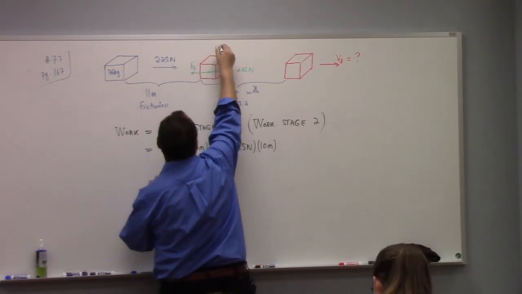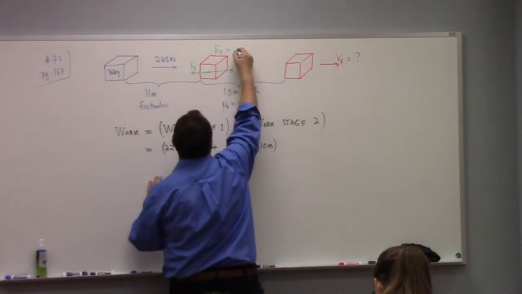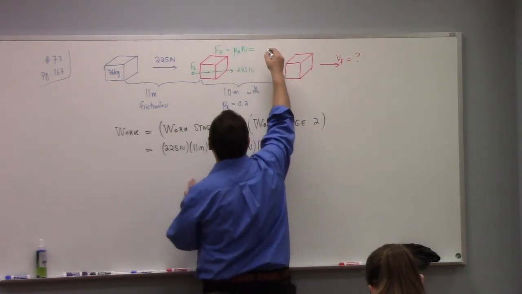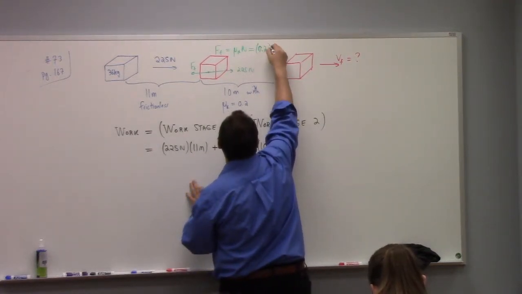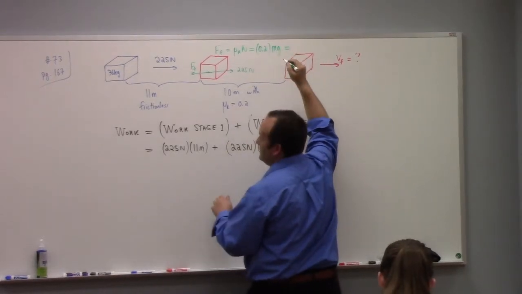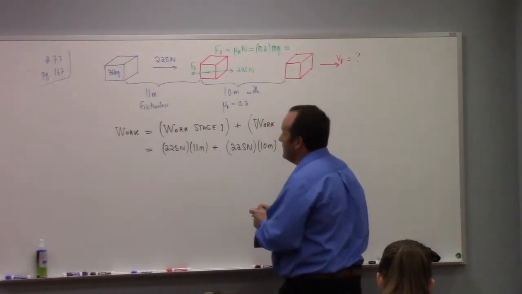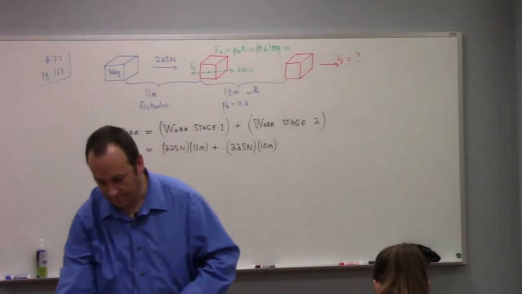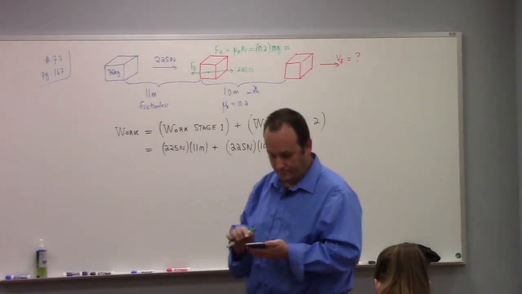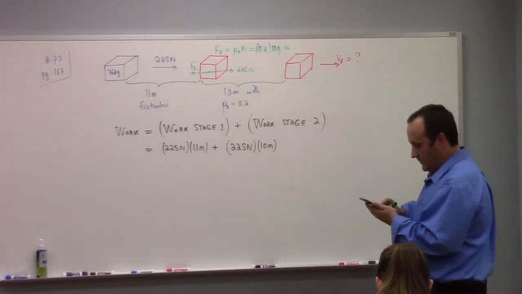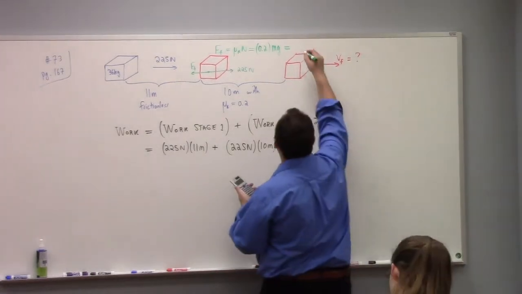What's the force of friction equal to? Mu k times the normal force, which in this case is 0.2 times mg, which is 36 kilograms times 9.8 meters per second squared times 0.2. What is that? I get 70.56.